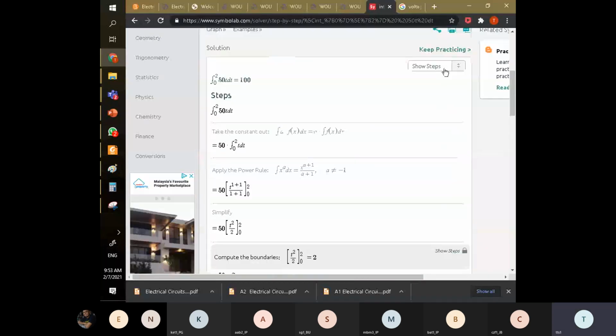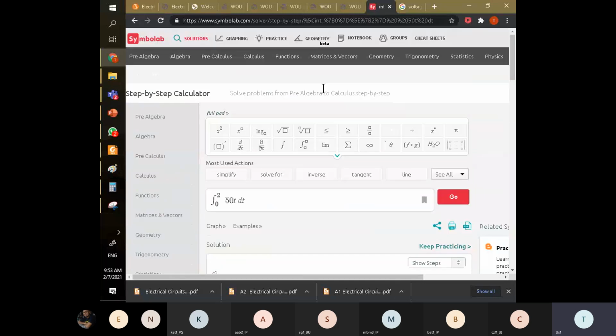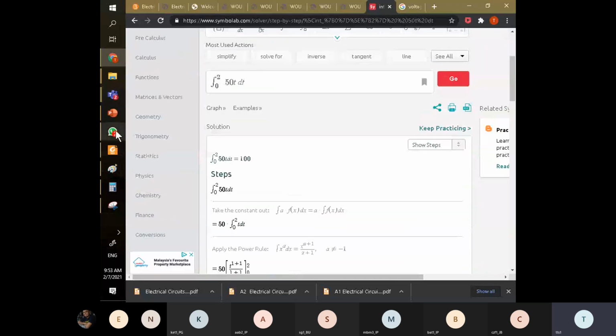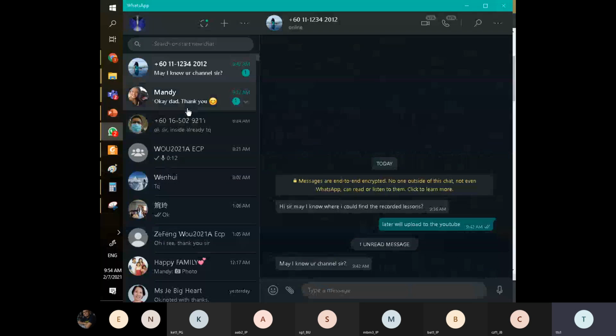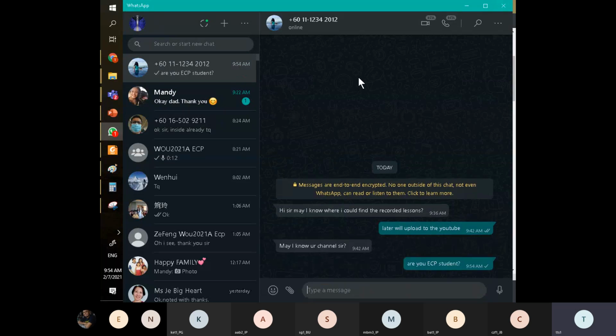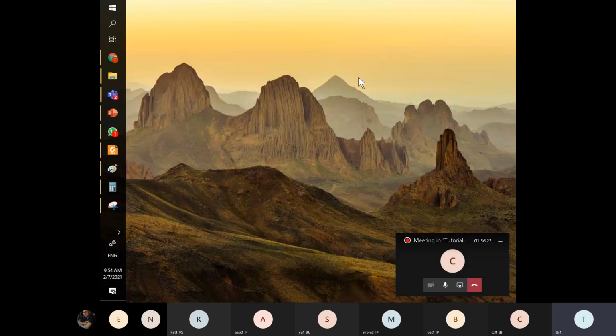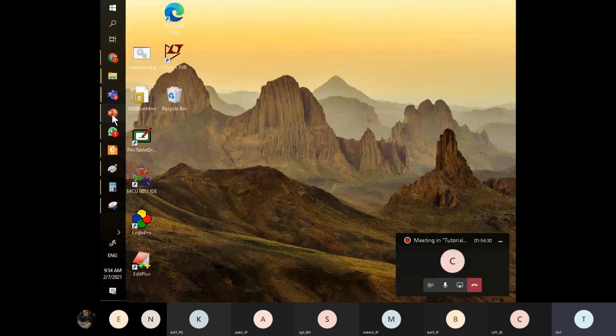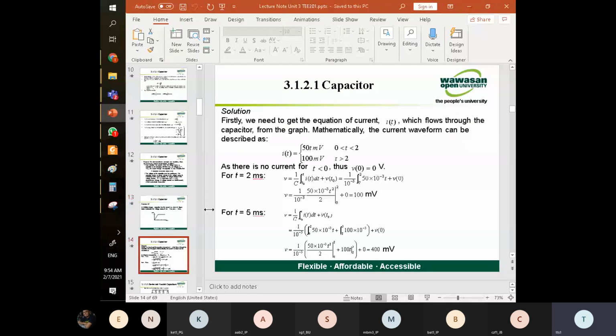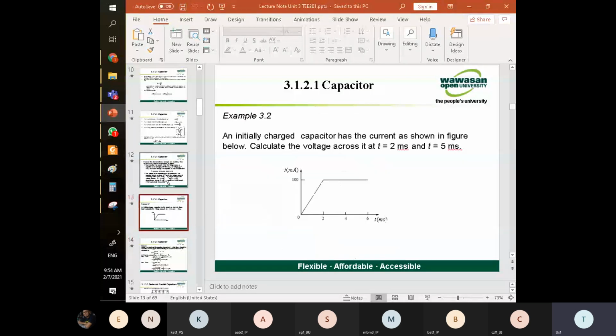As you can see, you can use the tools to help you understand this. This appears quite frequently in the test: they ask you to calculate the voltage based on the current waveform.